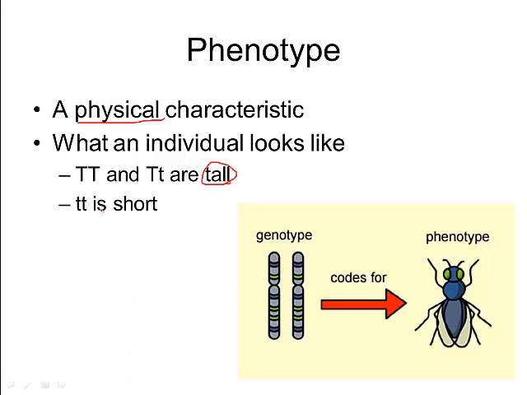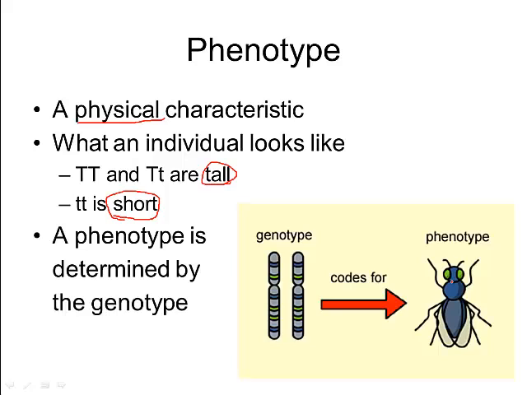Whereas in little t little t, the phenotype is short. So remember, if you look at this picture, a phenotype is determined by its genotype. So here you have a genotype, and it's going to code for a particular phenotype, what it looks like. The genotype are the genes that are on the actual chromosome, and then the phenotype is what you have when you get the end result of what the individual looks like.